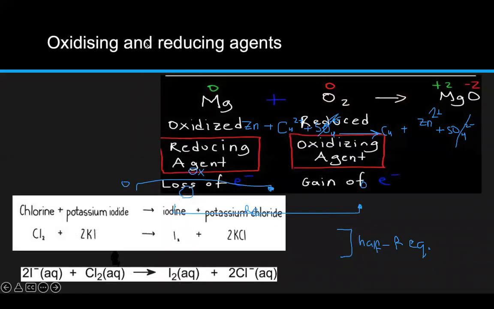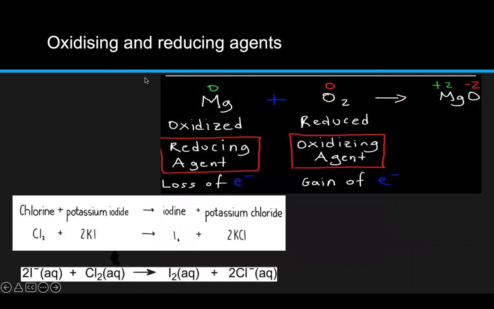And here we'll talk about oxidizing and reducing agents, a very simple and nice concept. So we have here this equation of magnesium plus oxygen gives us magnesium oxide. And we can define this equation as a redox reaction in terms of oxygen transfer or electron transfer.